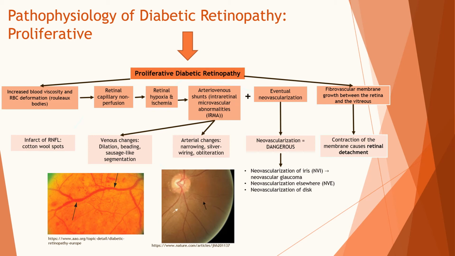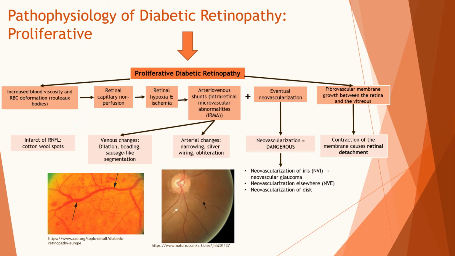Increased viscosity in the blood due to raised sugar levels and red blood cell deformation leads to retinal capillary non-perfusion. Combined with vascular insufficiency in the previous slide about non-proliferative retinopathy, this exacerbates retinal hypoxia and ischemia.